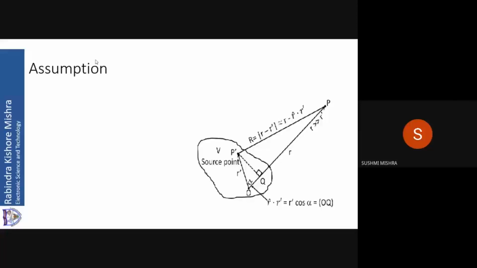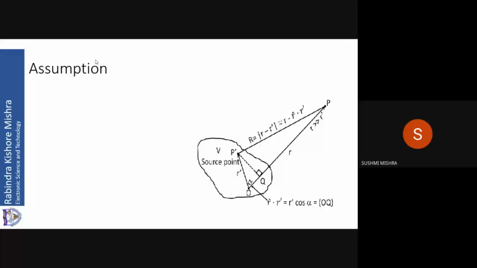Now we can see a triangle P, P dash, Q. In this triangle, let us drop a perpendicular from the point P dash onto the side OP. So that meets the side OP at the point Q. So P dash Q is the perpendicular from the point P dash onto the side OP.